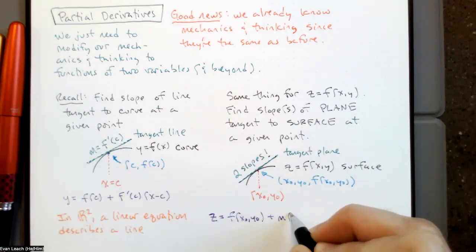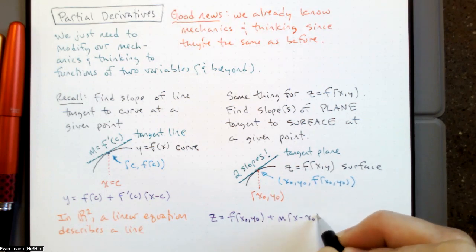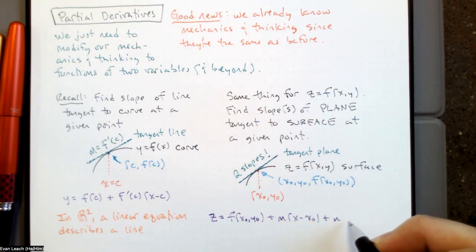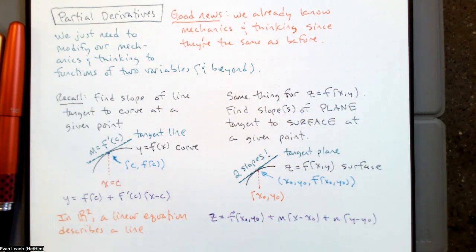There will be a slope in the x direction and a slope in the y direction. Two slopes, m and n.